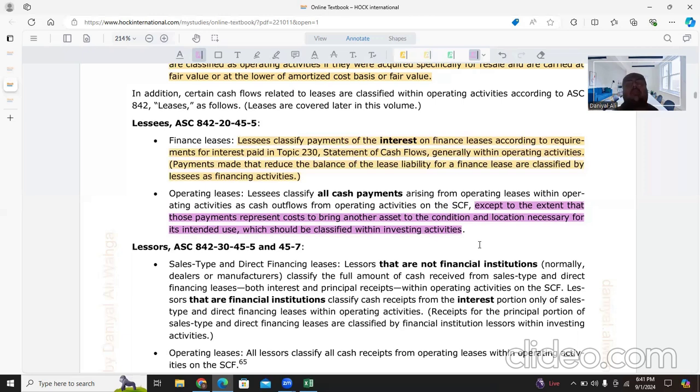For example, a lessee has leased an asset for its core operations, and that asset has been brought to workable condition and location according to IAS 16 or according to ASC standards, then that payment should be classified as an investing activity, while all other payments of operating leases would be classified as operating activities. There is a difference. You need to understand this difference.